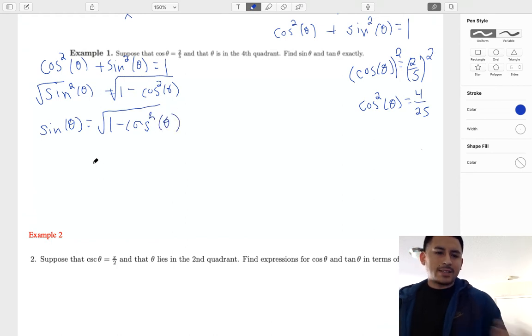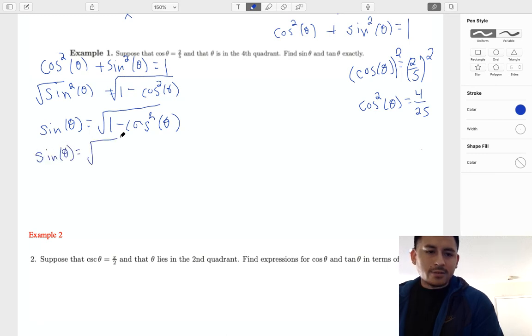All right, and so now I have it solved for sine of theta, so now I'm going to plug in the value of cosine squared theta in there. So I'm going to get sine of theta is equal to the square root of 1 minus 4/25, and so that's equal to the square root of 21 divided by 25.